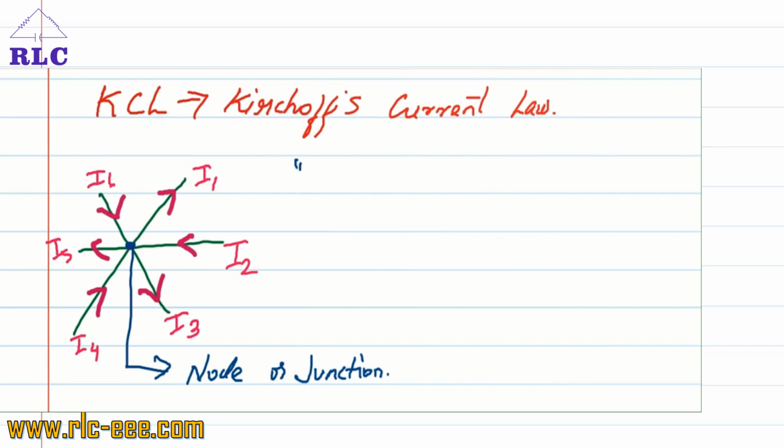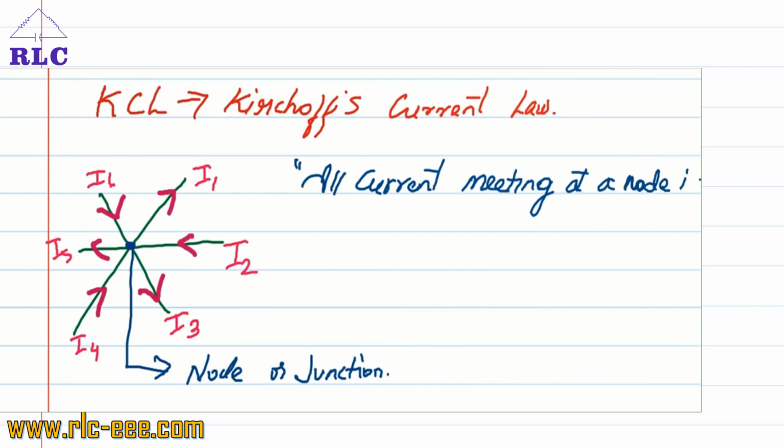It states that all the currents meeting at a point, which are the currents I1, I2, I3, I4, I5, I6, meeting at a node or a junction, is 0.